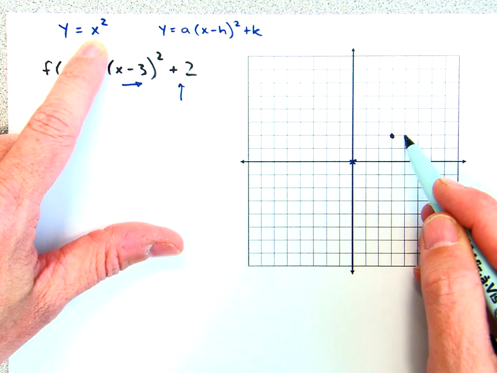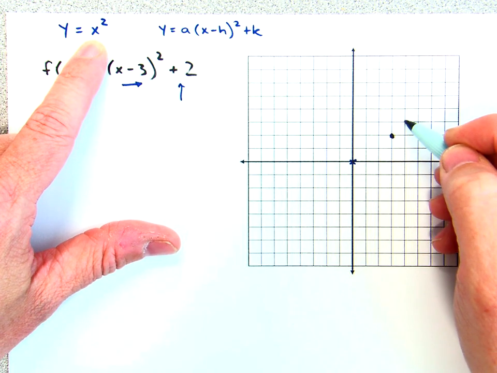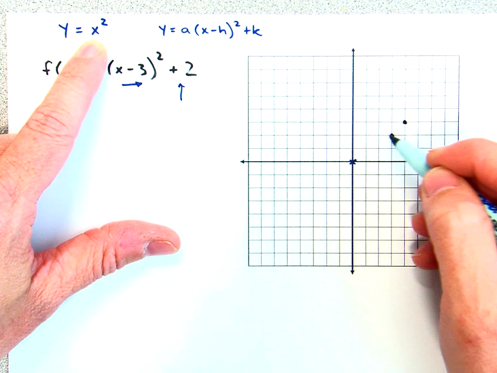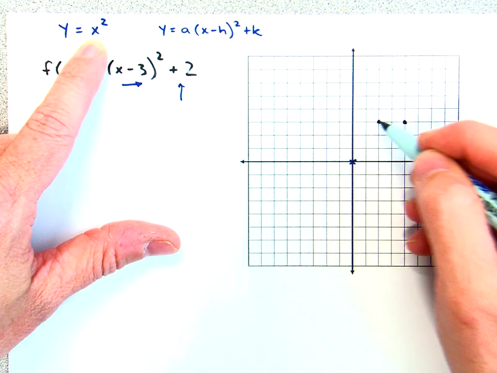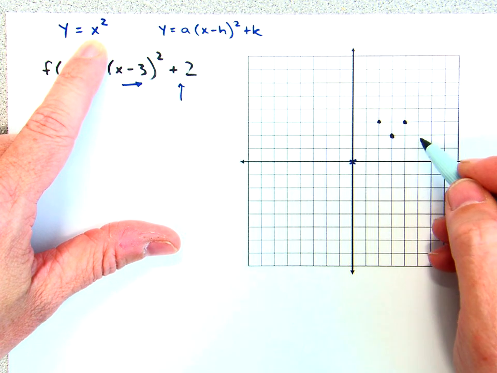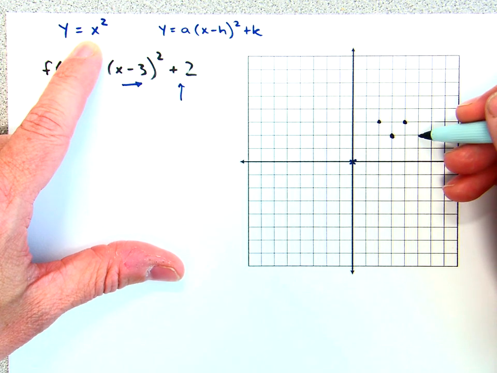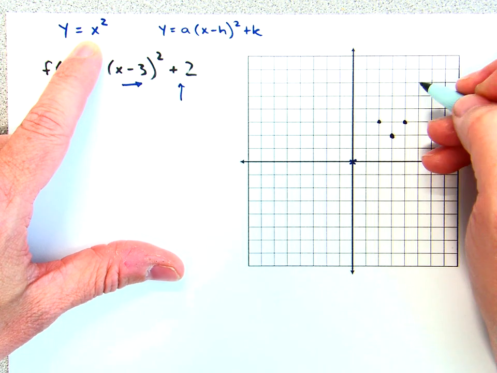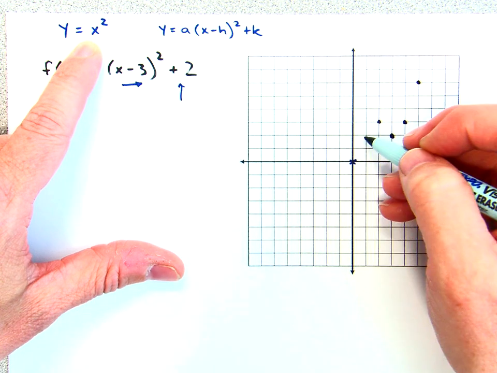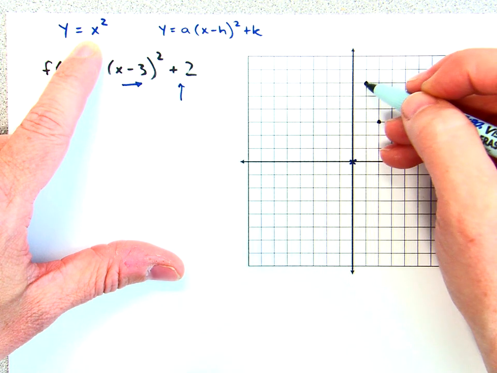So if I go out 1 unit from the vertex, I'm going to go up 1 in either direction, because -1 squared is also 1. And if I go out 2 units, we know that 2 squared is 4. So I'm going to go up 4 units in each direction, because even -2 squared is 4.